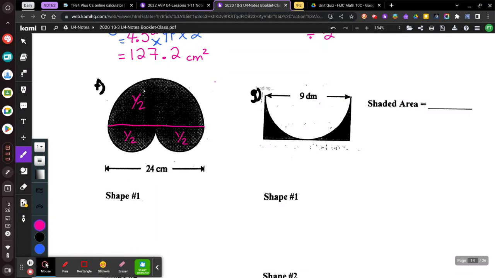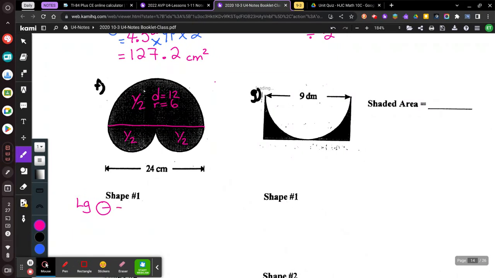So shape 1 is a large circle and it's only a half, so we're divided by 2. So the number they show us here, diameter is 12. So if our diameter is 12, how much is halfway across? 6, good. So that means radius is 6. This is for the big one.